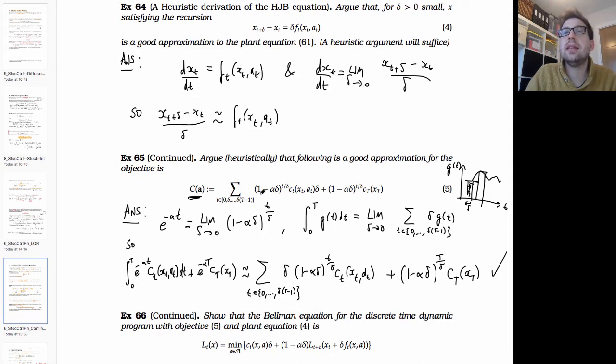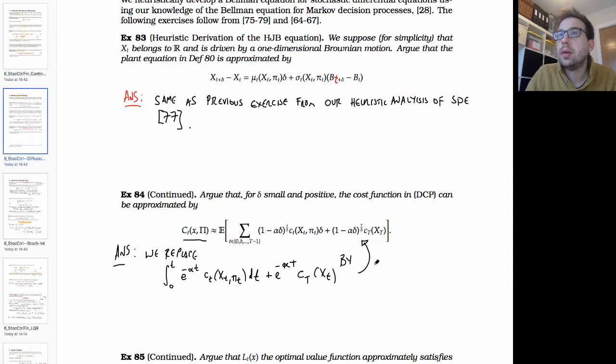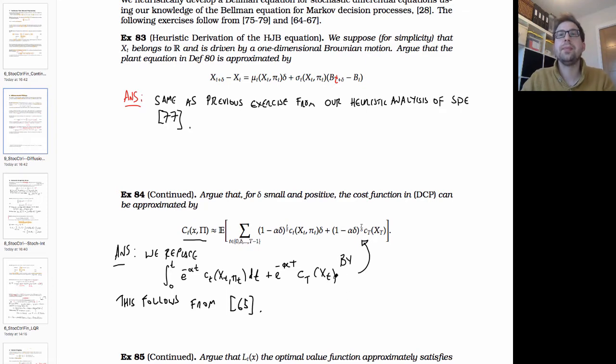So it's exactly the same approximation that we're using there. It follows from exercise 65. It's exactly the same argument that we saw previously.